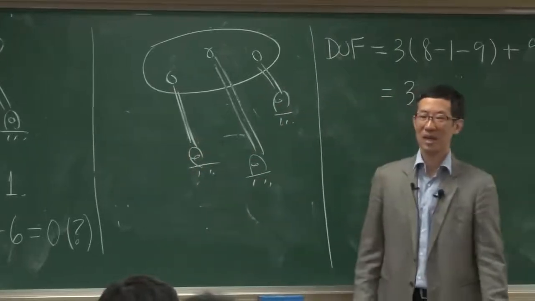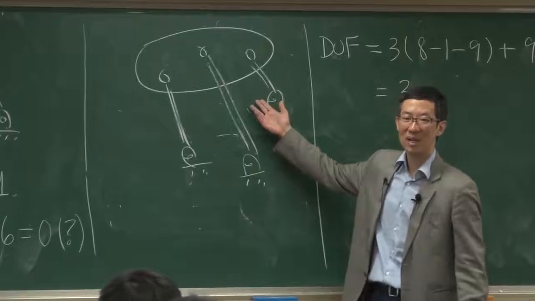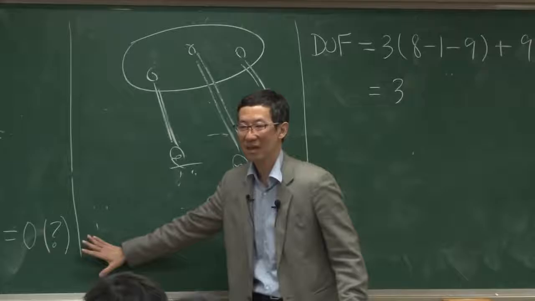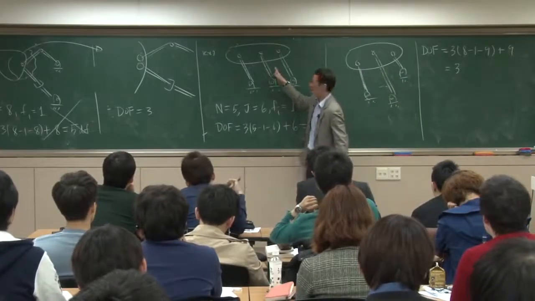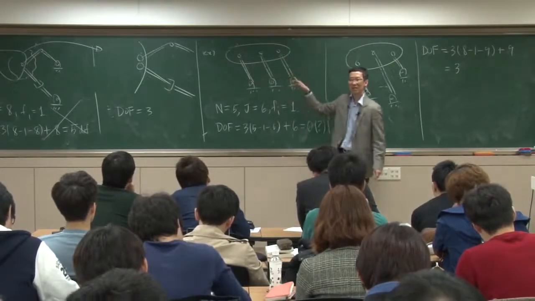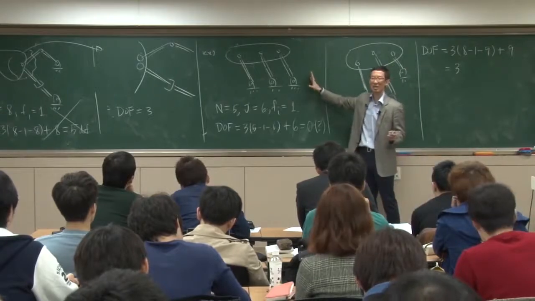And I asked you, does this move? You would say, of course this doesn't move. So this is in fact correct. But if the link lengths are all the same and these joints all line up, then it can move, right?